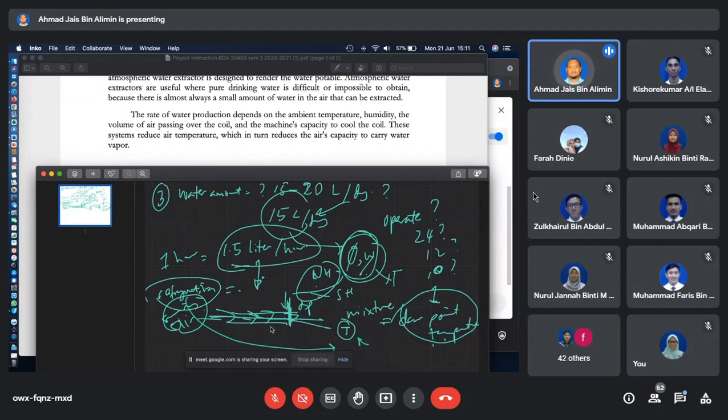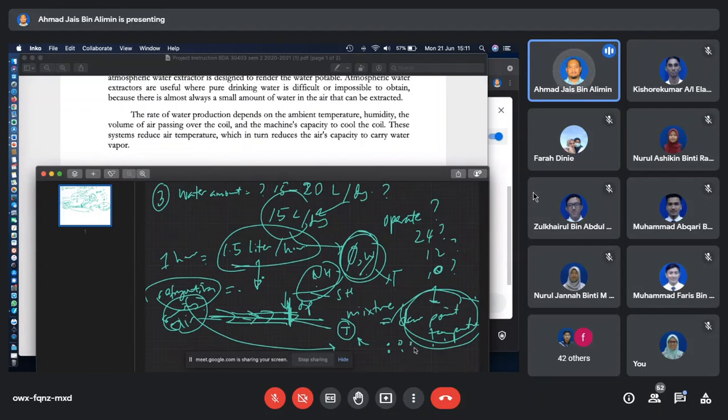So how are you going to put the refrigerants? Is it heat transfer at the surface, or is it going to blow out cool air? How are you going to cool down the air? How are you going to achieve this dew point temperature? Once you achieve the dew point temperature, of course the moisture will start to collect.